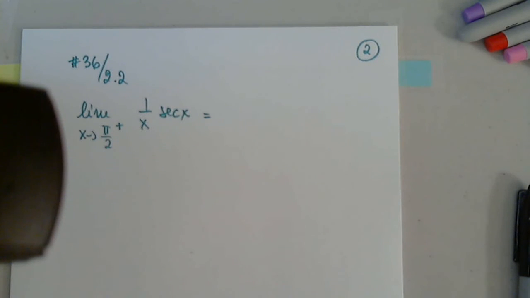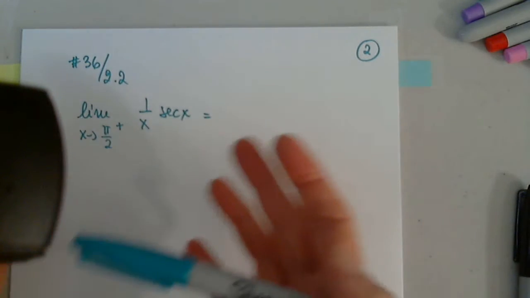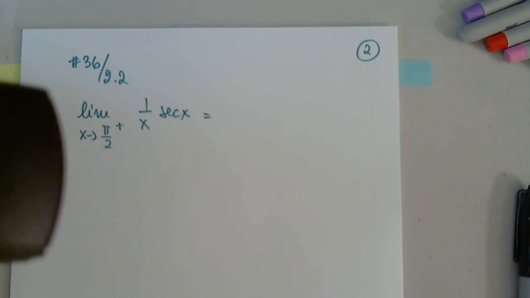Lindsay, what do we need to do first when we determine a limit? In other words, replace, yes, we plug it in. We replace x with pi over 2. It doesn't matter if it's from either side, left or right, we replace x with pi over 2. And yes, you could say, but you're not allowed to. That's correct, but still we have to, to see what it is.